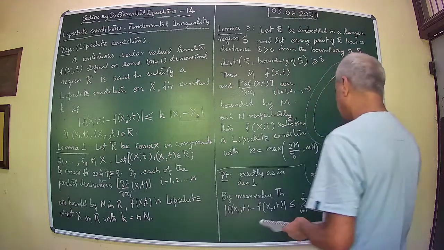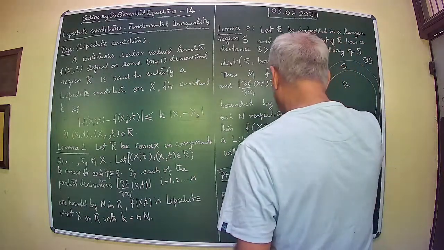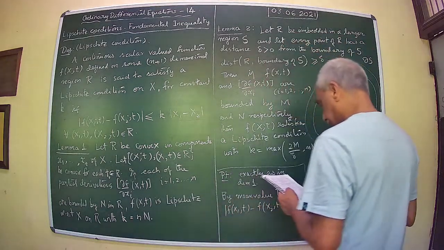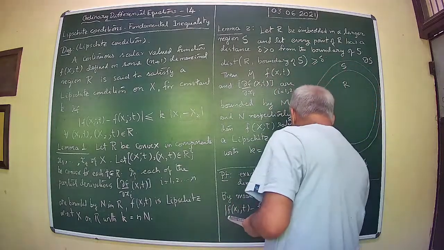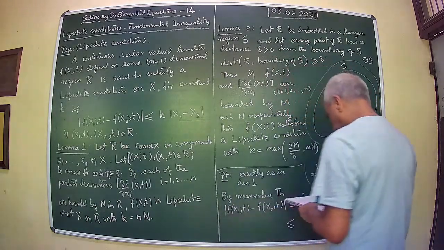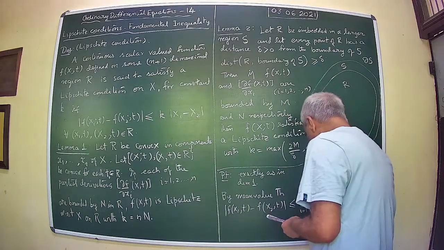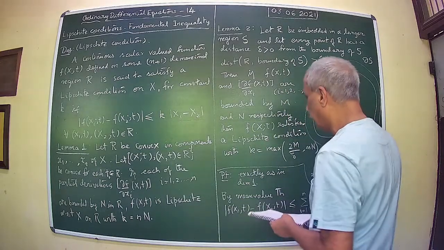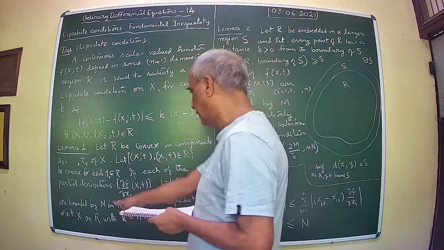You can use the mean value theorem, but you can see you have this line segment etc. that is coming here. And this is bounded by, so each one, each partial derivative is assumed to be bounded by n.